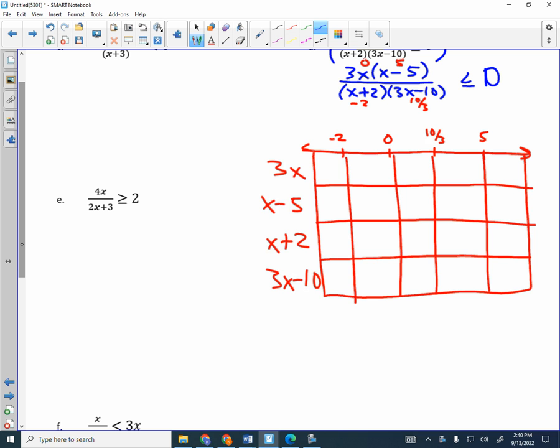So, what do I do now? Pick a number to the left of negative 2, sure, negative 3. 3 times negative 3? Negative. Negative 3 minus 5? Negative. Negative 3 plus 2? Negative. And 3 times negative 3, this one will be negative as well. 4 negatives.